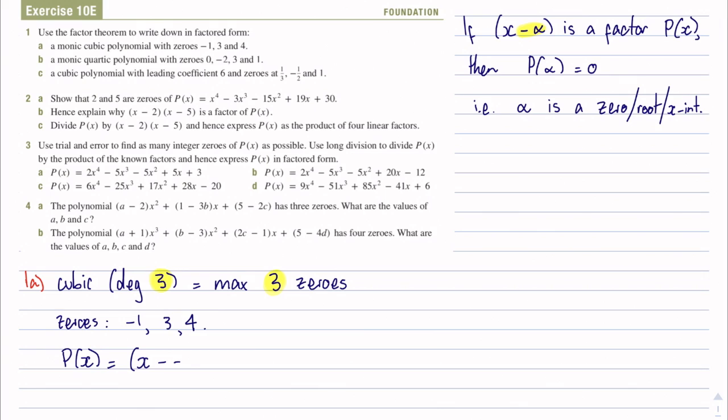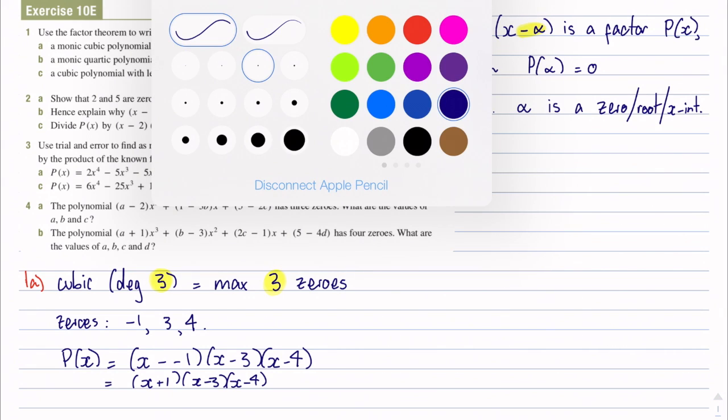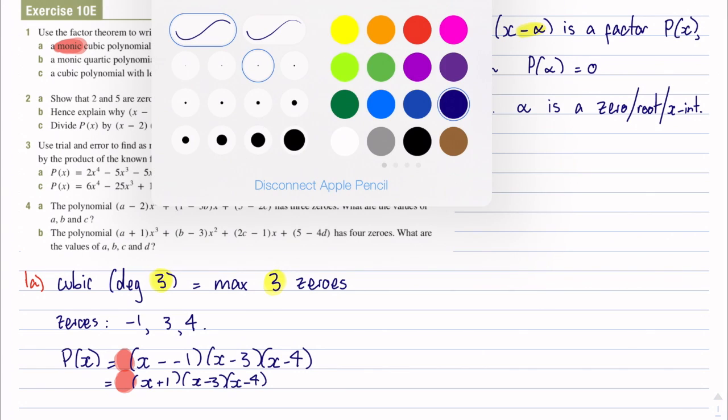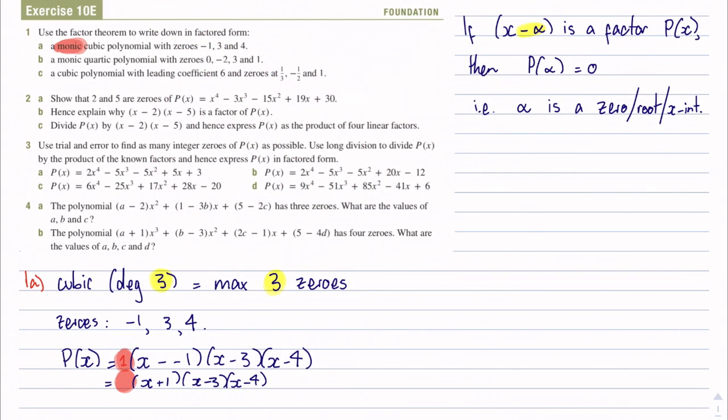So it's x minus -1, x minus 3, x minus 4, and that comes out as x plus 1, x take 3, x take 4. Now, normally we would have to worry about a number out the front of these brackets. But because they've said it's monic, it's just 1. So we don't even bother writing it.